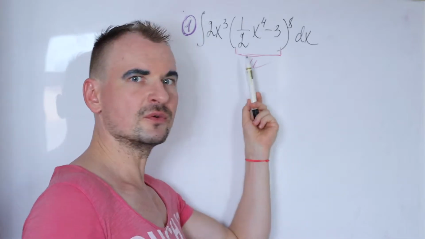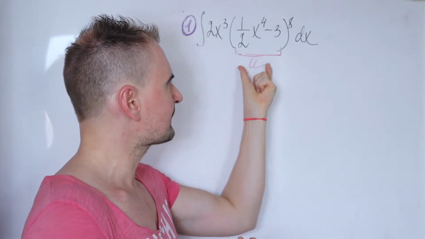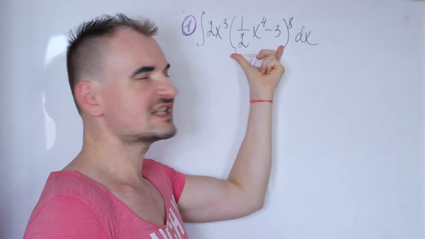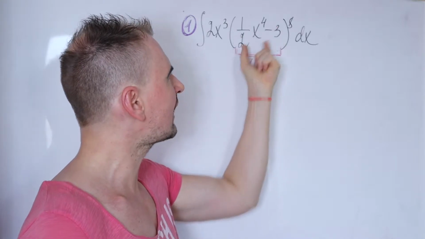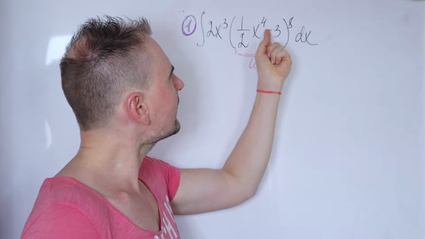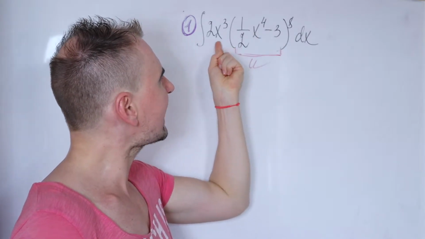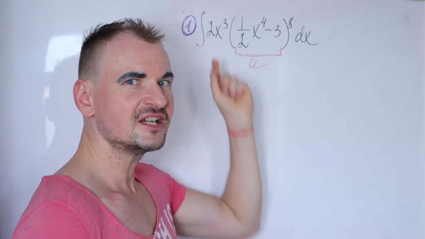This one is going to be u. Why? If you look at this carefully, the derivative of this expression, namely a half x to the 4th minus 3, is going to be 2x cubed. It's what's left over.